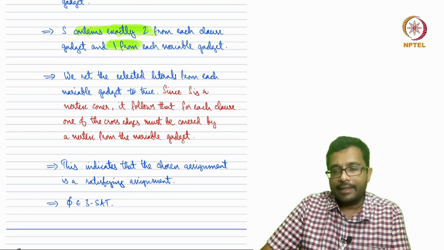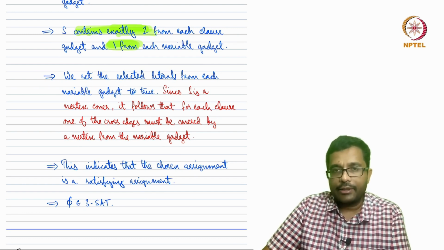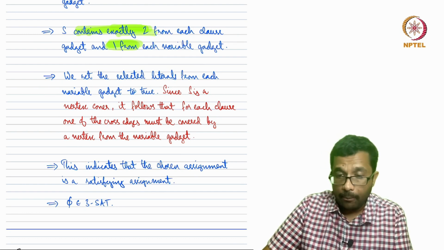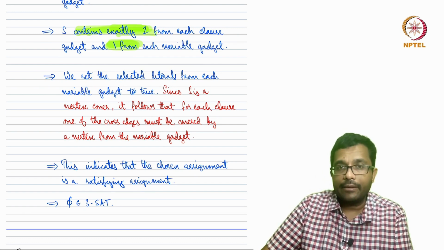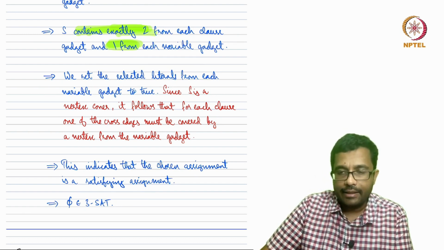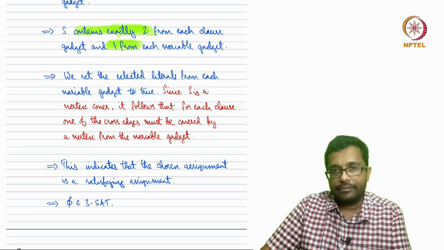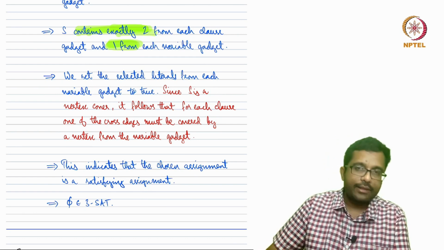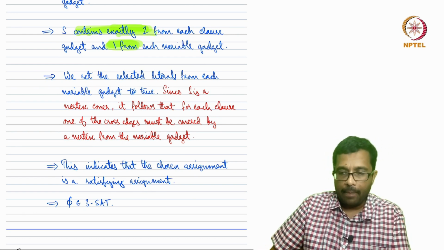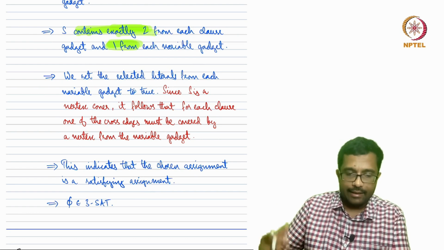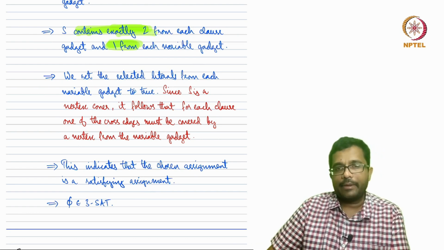If xi is selected to the vertex cover, you set xi to true. If xi complement is selected to the vertex cover from the variable gadget, we set xi to be false. And this ensures this assignment that I just described.